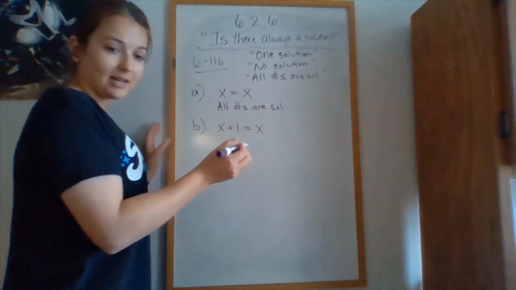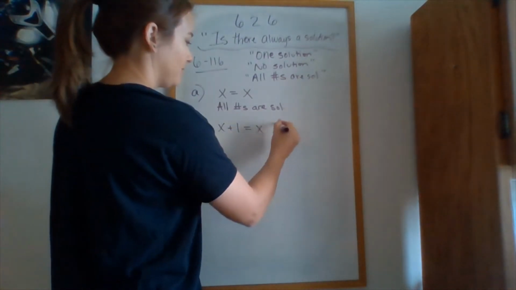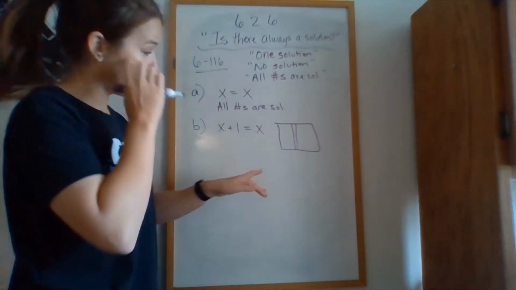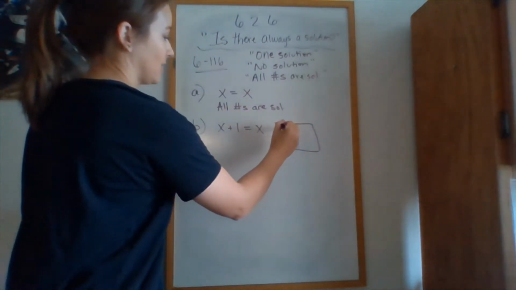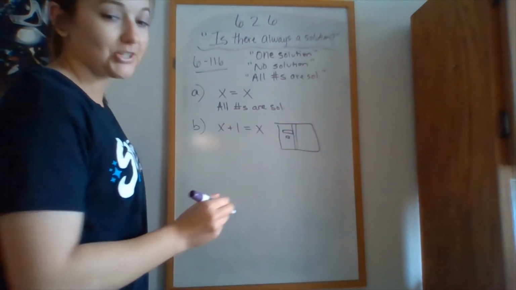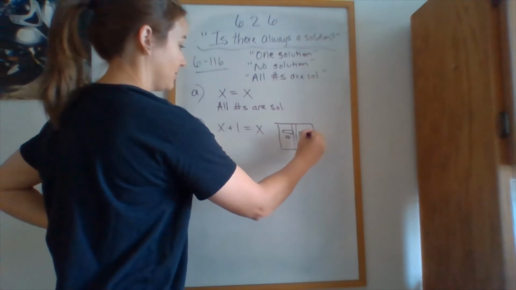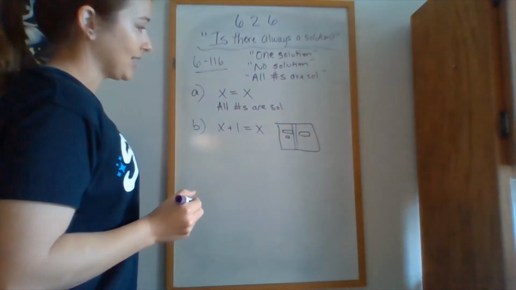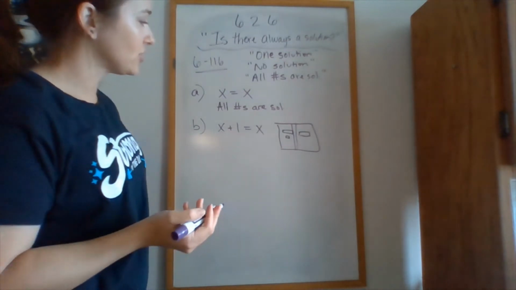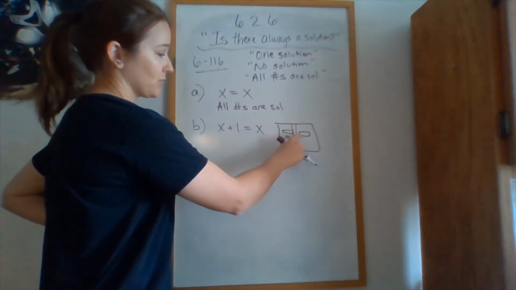So what I did is I drew a little equation mat to help me visualize it. On one side, I put an x plus 1 cube, and on the other side, I put just x. Then I can use my strategies to get rid of the x from each side.